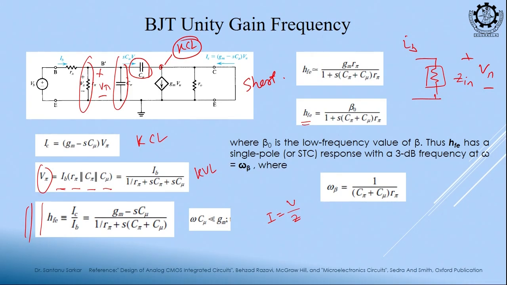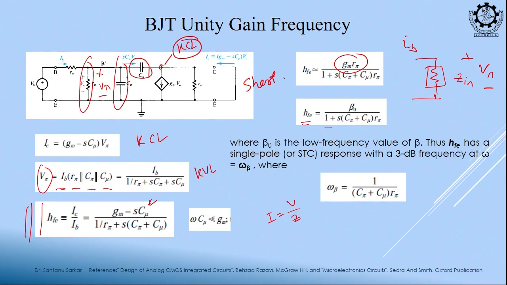Now, this term can be neglected, the omega C mu term. It will be simplified as gm R pi by 1 plus s into (C pi plus C mu) into R pi. Now, gm R pi is your beta, right, and just like the previous cases, you can neglect the 1 and find the frequency where the gain is 1.